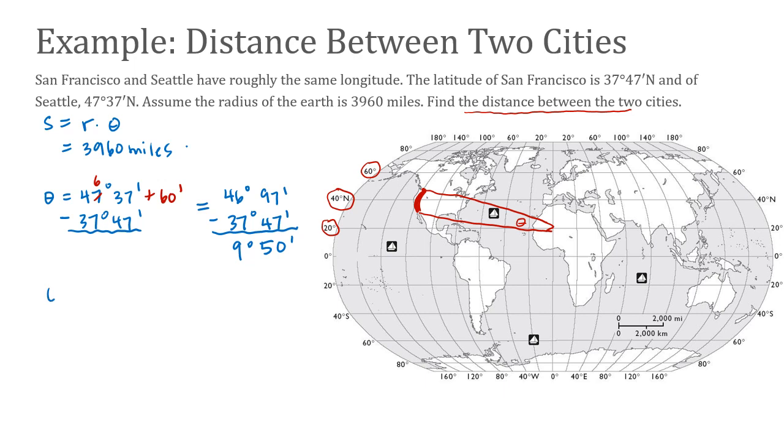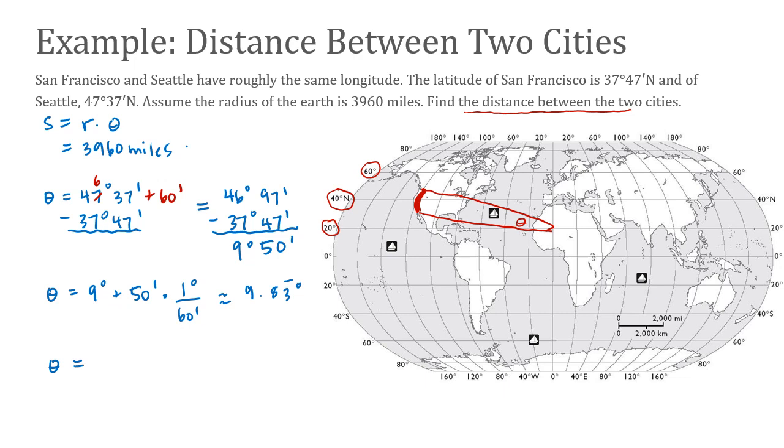I'm going to say theta is equal to 9 degrees plus 50 minutes, and I'm going to rewrite that 50 minutes using the conversion of 1 degree is 60 minutes. If I multiply that, I get roughly 9.833333 degrees.